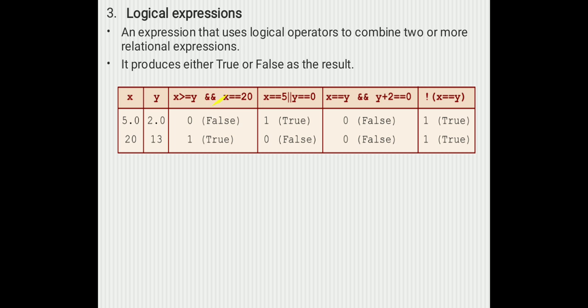In the case of logical and, if both inputs are true, the output will be true. Here the first expression is true but the second is false, so the result is false. And in the case of logical or, if any of the inputs is true, the result will be true.